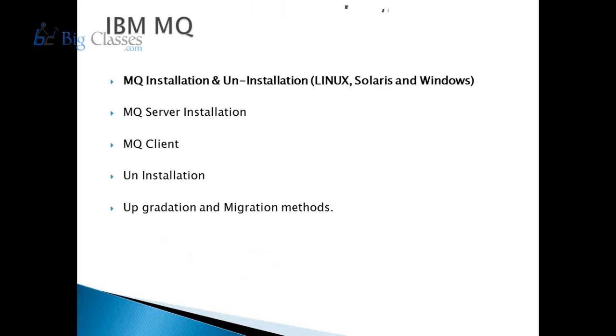In real time we will also see MQ upgradation from a lower version to a higher version. There are different methods for this: in place migration and side by side migration. We will see how to use each of them.